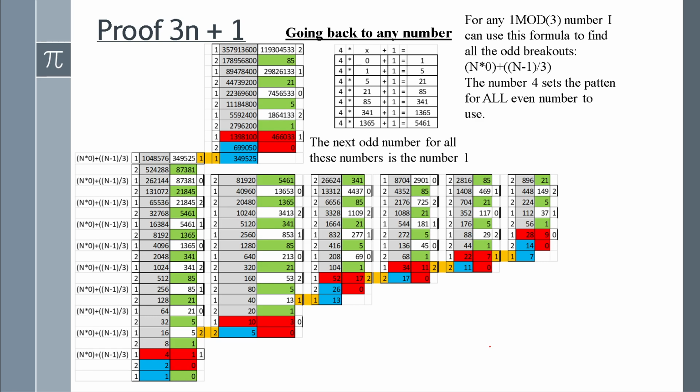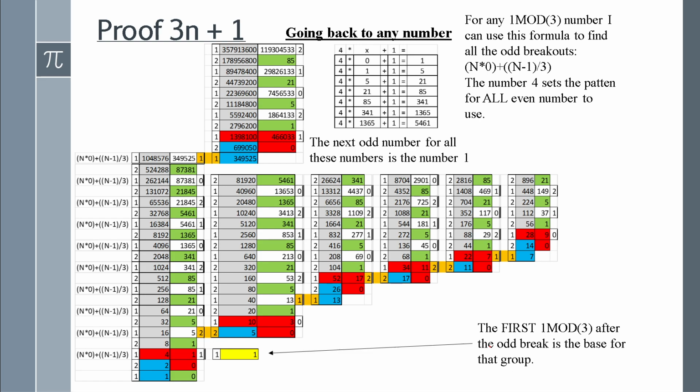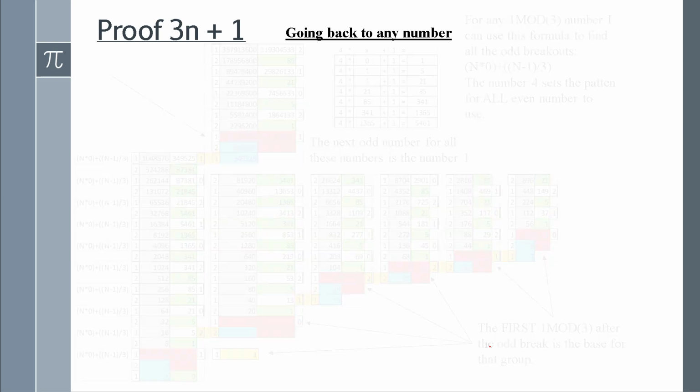But it's still going to be 1, 5, 21, 85, right? Our base above the number 1, which is 4 and 1, gives us the pattern to use to find every other number. And again, the first 1 mod 3 is the base for each of these shifts.